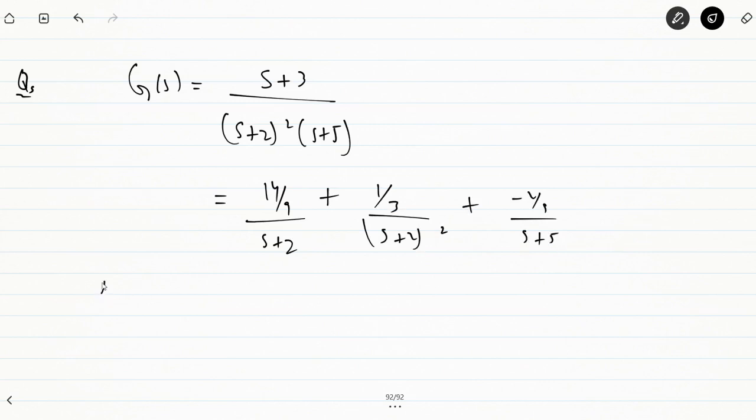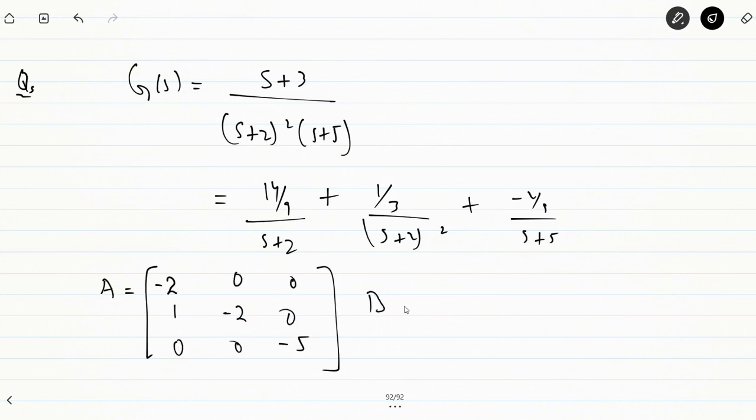So for the Jordan canonical form, the A matrix will have -2, -2, -5. Now you can write the 1 either here or here, because they are repeated roots. Accordingly the B matrix will be 0, 1, 1, and the C matrix in this case is 14/9, 1/3 and -2/9. Fine. So this is your Jordan canonical form for repeated roots.